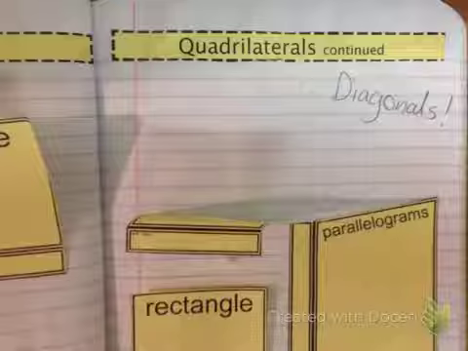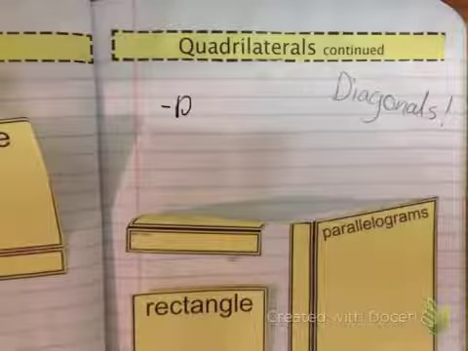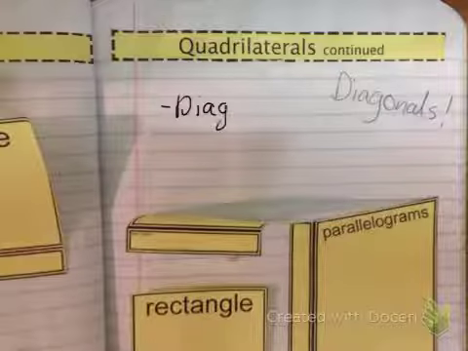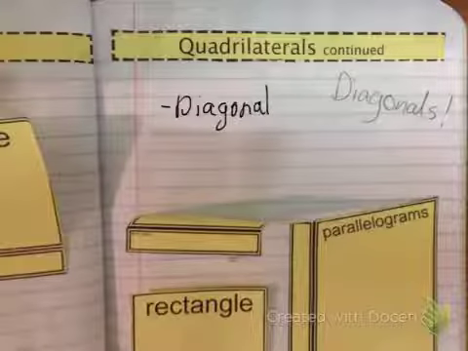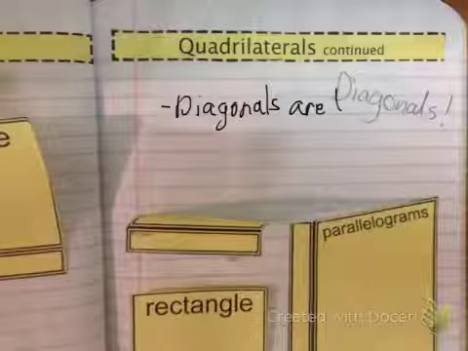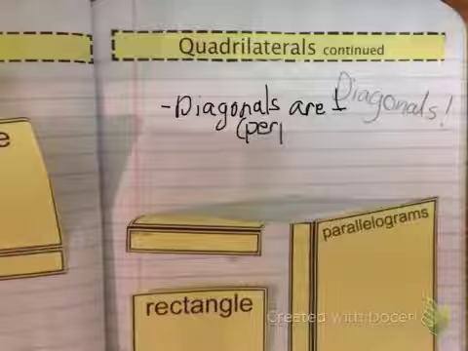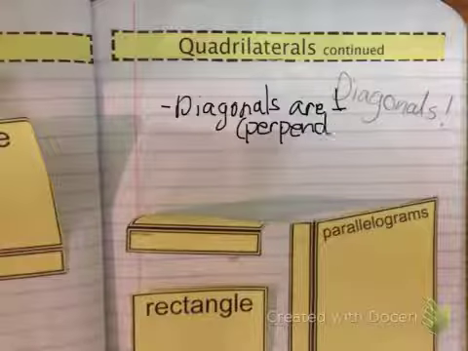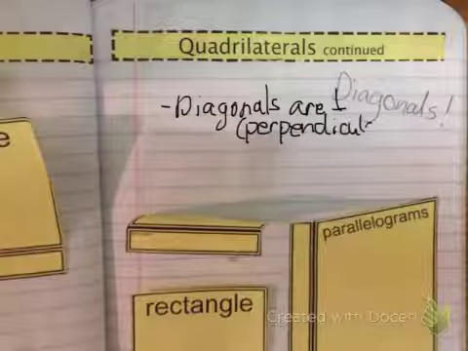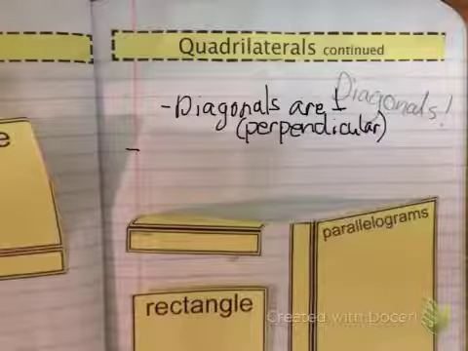Okay, so lift up your flap and we're going to write that. Try to write it so it stays under your flap, but that's okay if you go outside a little bit. The diagonals are perpendicular. So if you forgot what that little symbol means, go ahead and write perpendicular in there. But that upside down T means perpendicular. The diagonals are perpendicular.